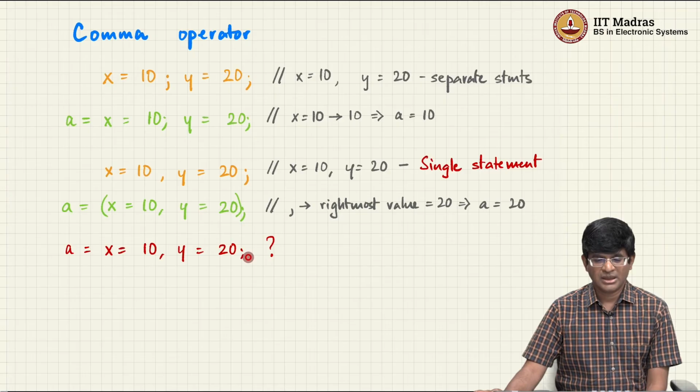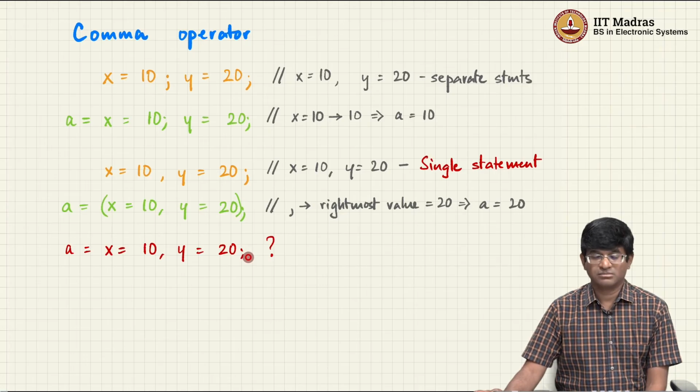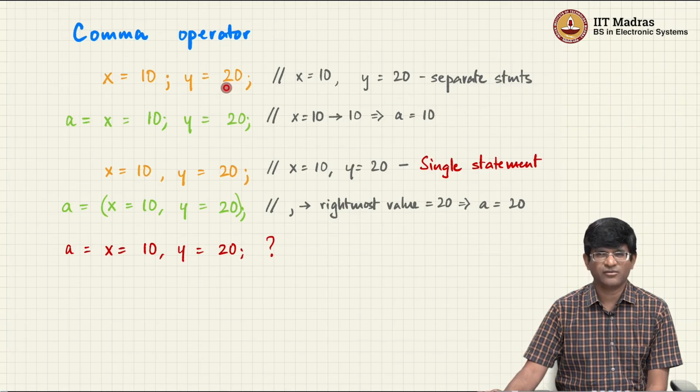Now the first question to be asked of course is, what is the use of the comma operator? In most cases just have them as separate statements. When you want to assign values to variables, just use separate statements. There are very few cases where you need to use the comma operator in order to assign values.